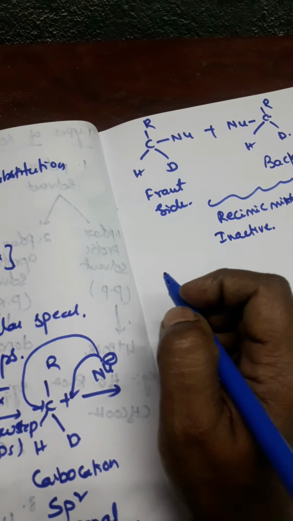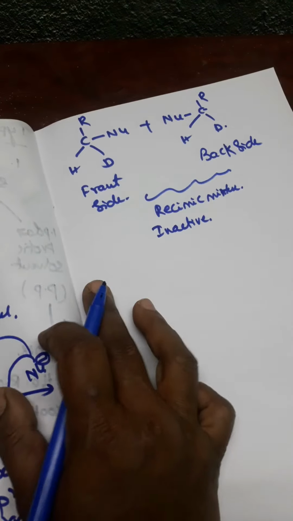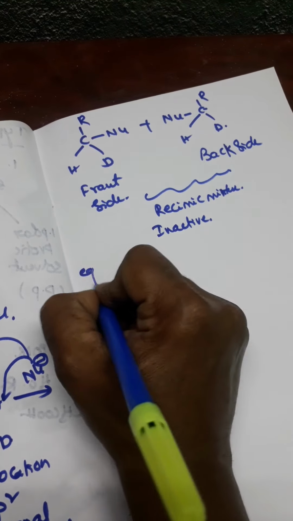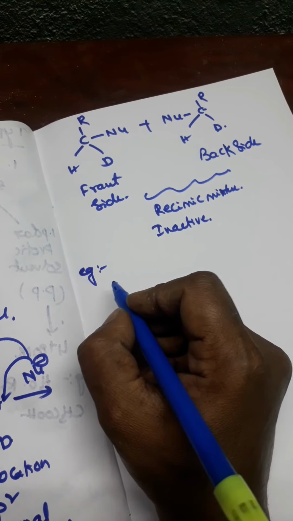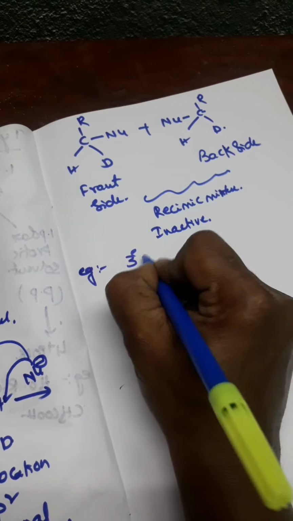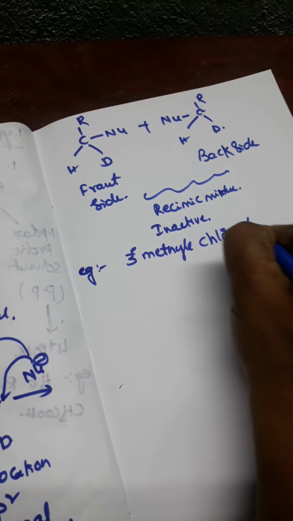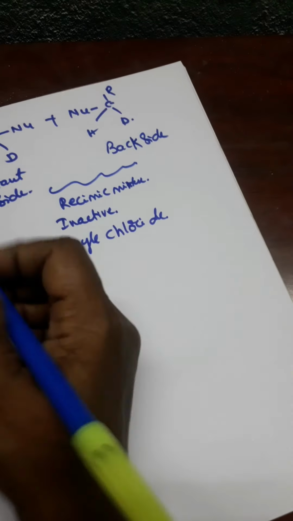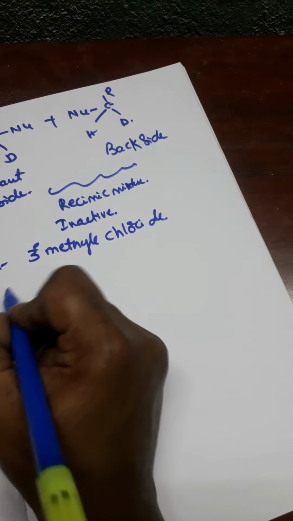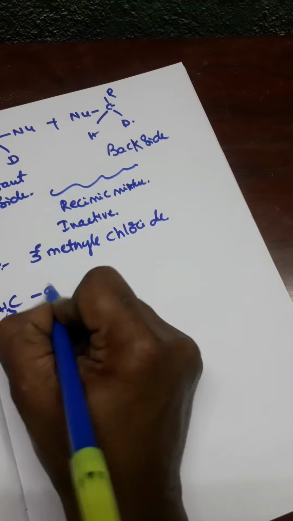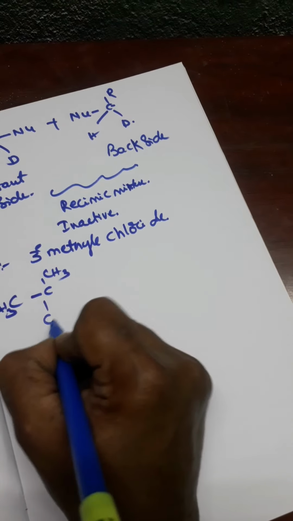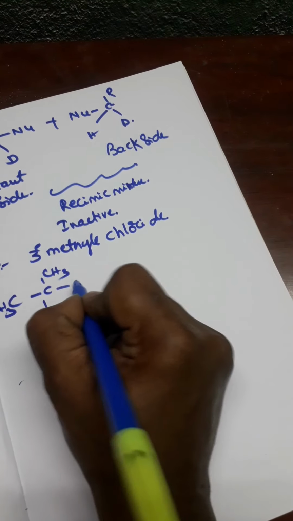Next, we will take one example of the SN1 mechanism. For example, tertiary methyl chloride, that is CH3. This is the tertiary methyl chloride.